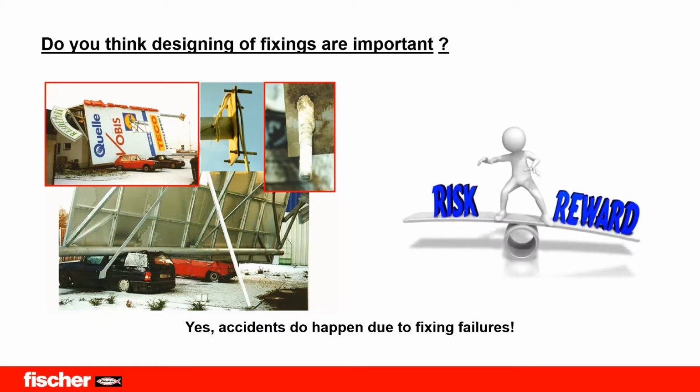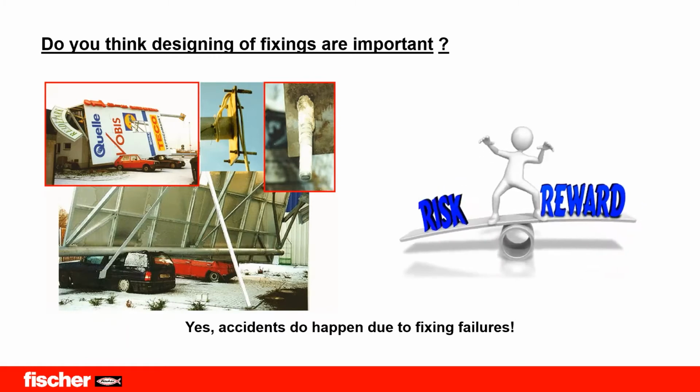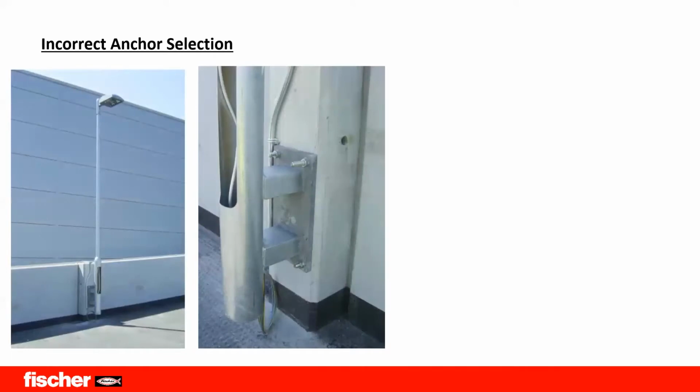So Somin, just for our viewers here, can you give a very brief example of what you have just mentioned? For sure. There are many failures that happen due to incorrect anchor selection and the wrong anchor chosen. As you see in this picture, you have a lamp post which had to be fixed to a narrow concrete upstand.